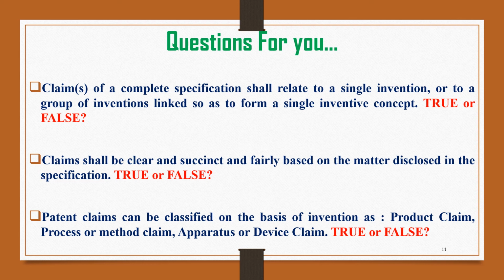Claims shall be clear and succinct and fairly based on the matter disclosed in the specification. True or false? And question number 3 is patent claims can be classified on the basis of invention as product claim, process or method claim, apparatus or device claim. Is this statement true or false?